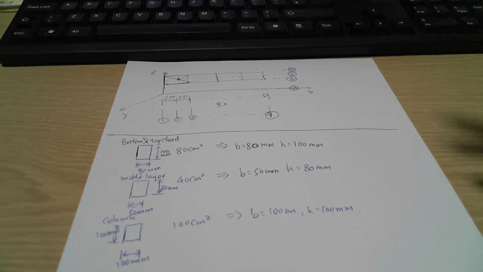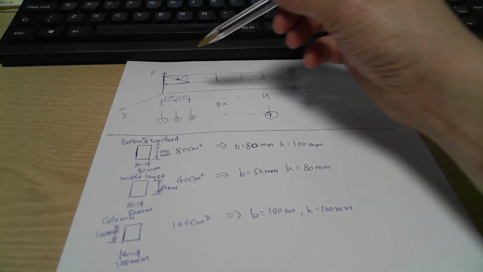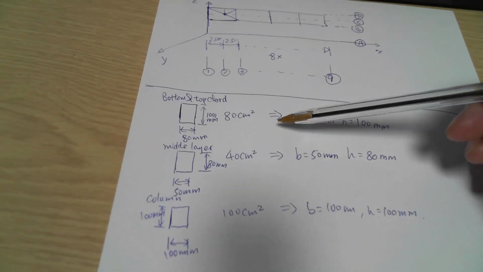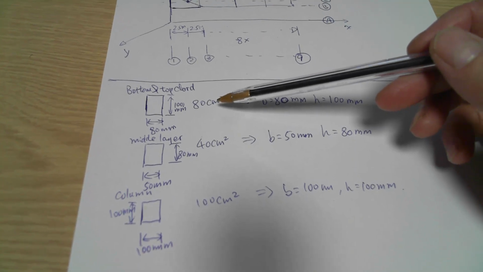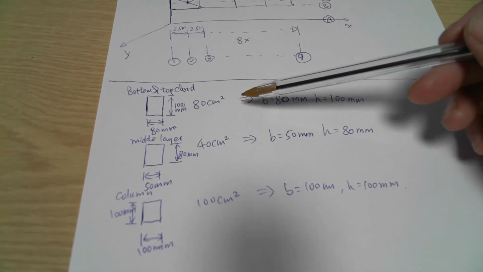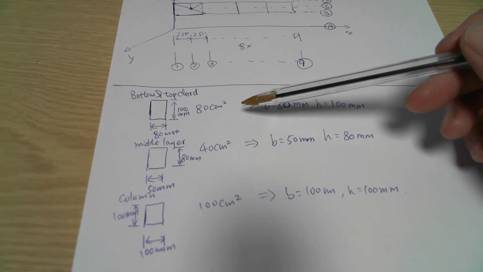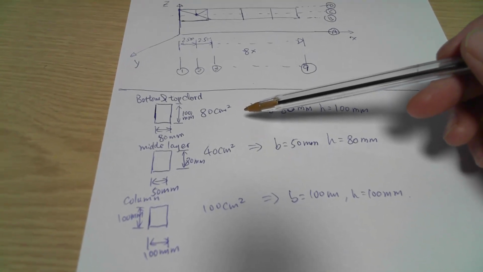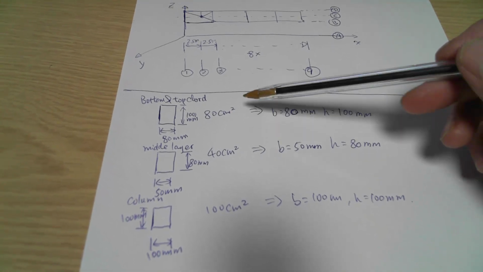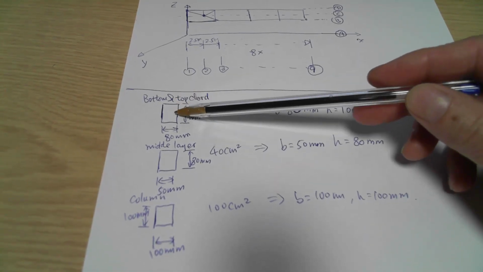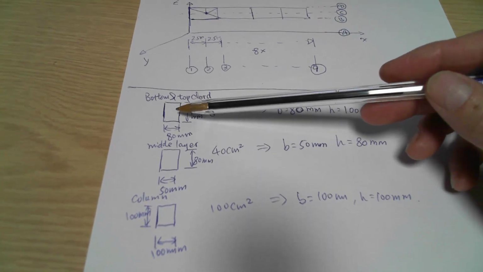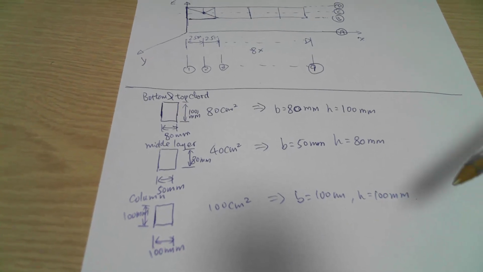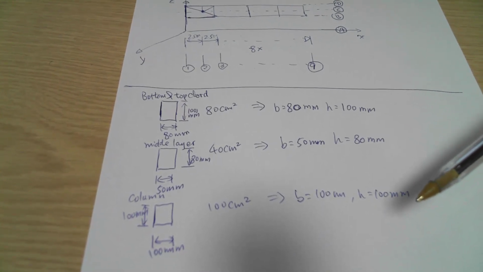And as you can see, the top chord and bottom chord are slightly larger, so they are 80 centimeter square. What we're trying to do here, we give you a simplified version, which means we are using a solid rectangular cross section instead of the hollow section, because normally the truss uses the hollow section, but it will make it more complicated for us to do the calculation later on.